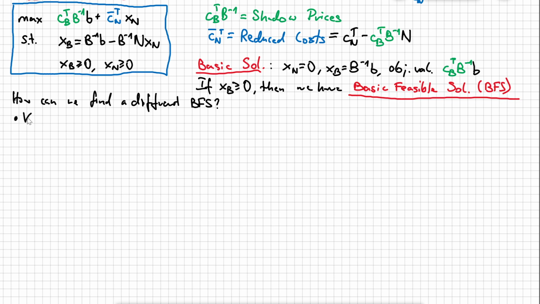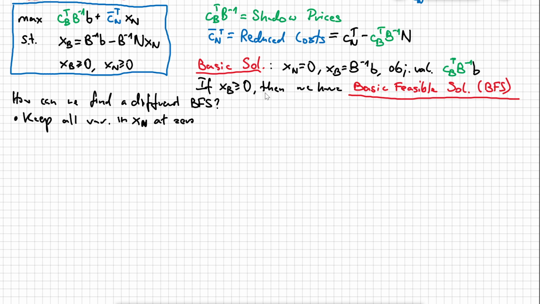We can say keep all variables in xn at 0, right? So basically, remember xn is equal to 0.